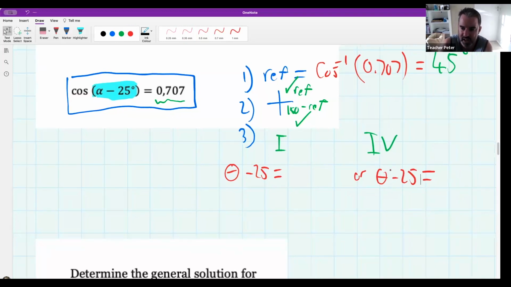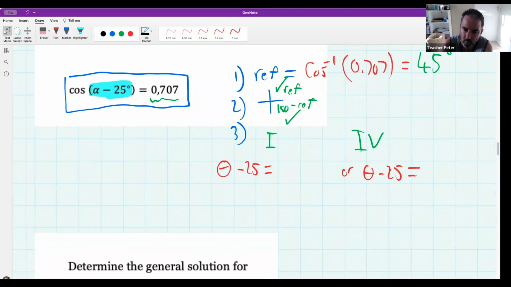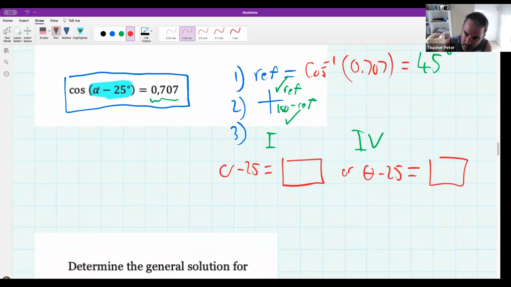I want you to tell me what are some things that I'm hiding from you. So theta minus 25. In fact, it's not even theta, it's an alpha. Sorry, my Greek letters are not being, because that looks like an alpha up there. But you know what I'm doing. So what do you think I'm going to put in the box here? What do you think goes in box number 1?